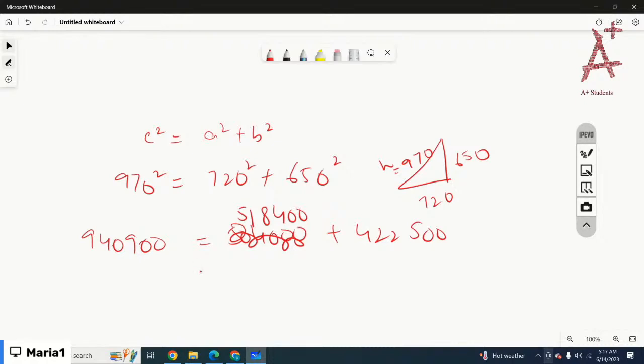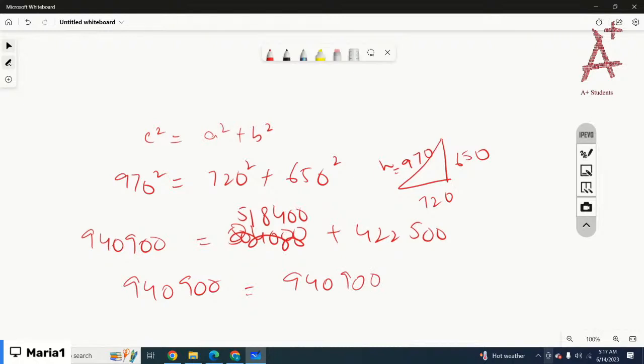Yes, both sides are exactly equal. That means yes, they form a right angle triangle. Got it?